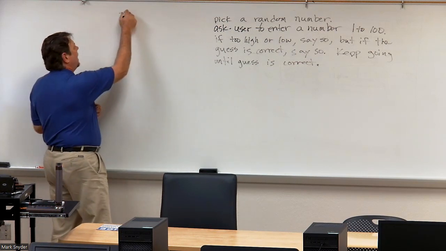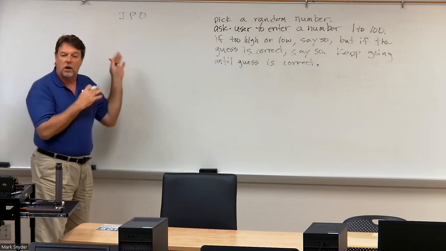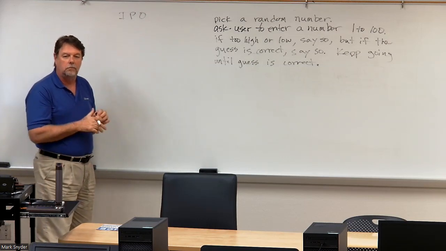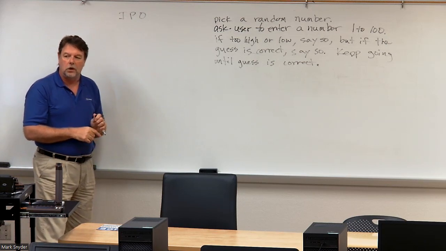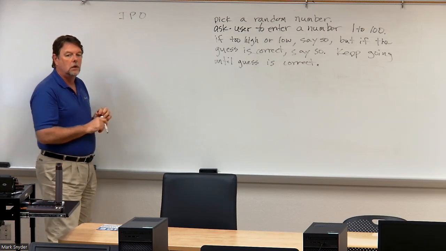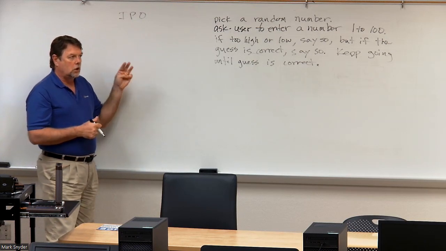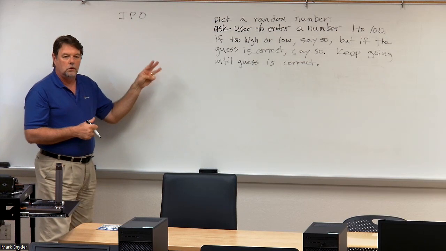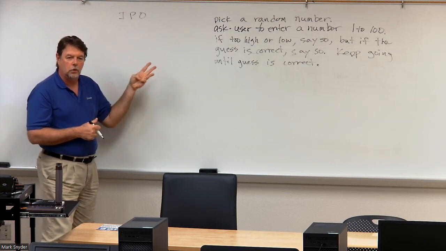Does anybody remember what the I, P, and O stand for? We've talked about these, not necessarily in these terms, so it shouldn't be completely unfamiliar. Any guesses? What three things are our flowcharts and our pseudocode concerned with? I's, P's, and O's.